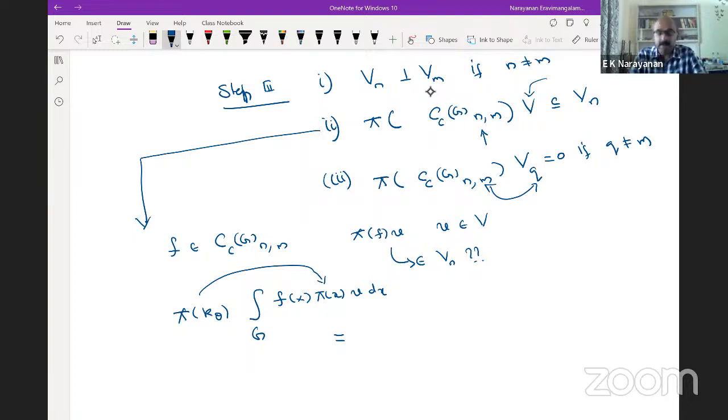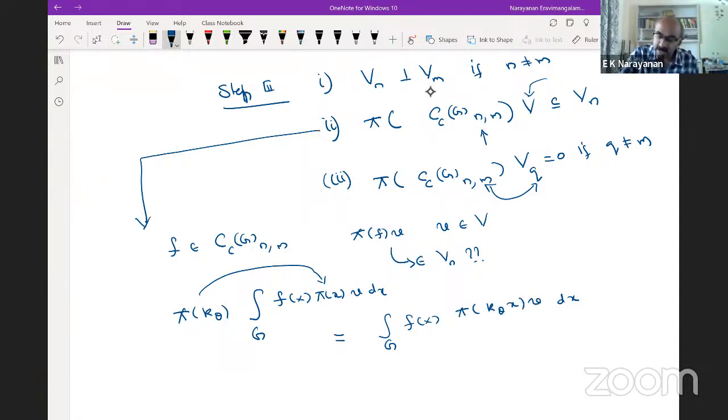But remember, pi is a homomorphism. So that is the integral of f of x pi of k theta pi x v dx, which I can write as pi of k theta x v dx.